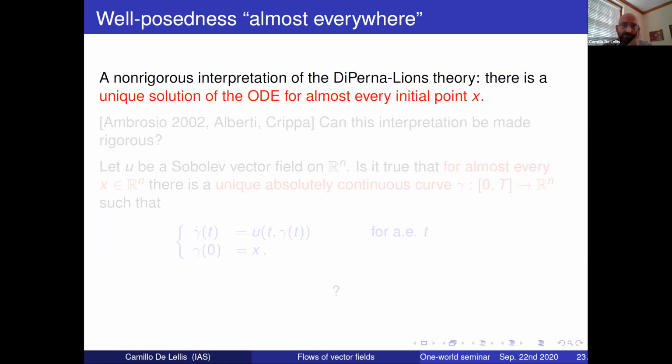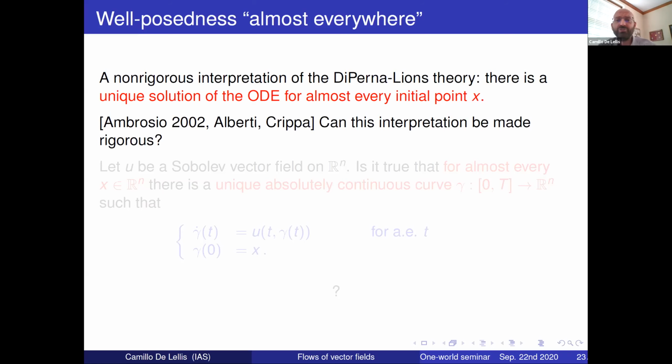Okay, so now let me get to the final thing I want to tell you about regular Lagrangian flows, and this is the newest thing that just came up this year. A non-rigorous interpretation of the DiPerna-Lions theory, which is often given in the literature, is that if you have a Sobolev vector field or a BV vector field, then even though there's not a unique solution for every initial datum x of the ODE, the DiPerna-Lions theory is actually giving you uniqueness of the ODE for almost every initial point x.